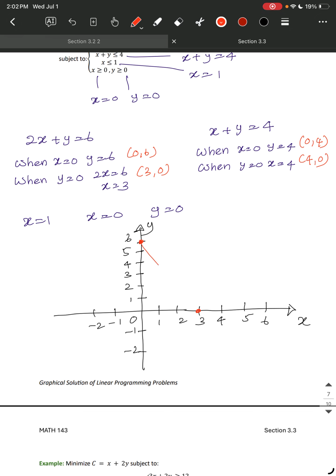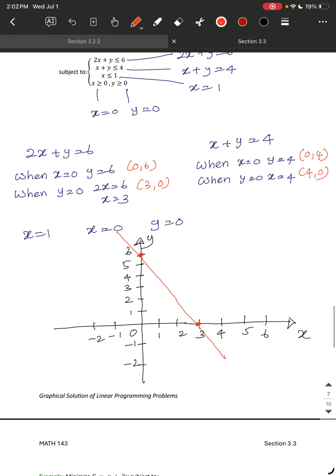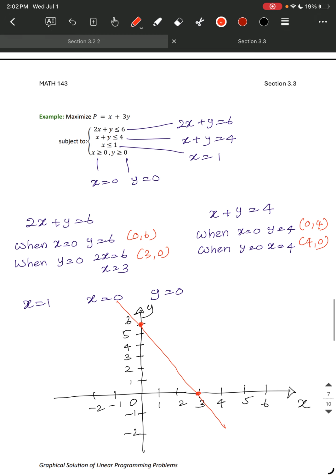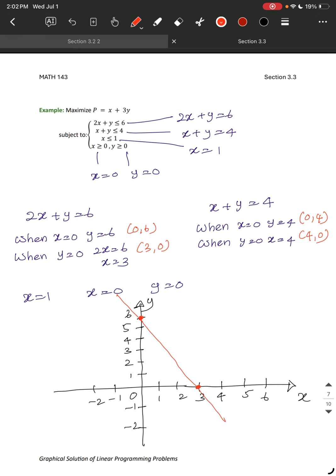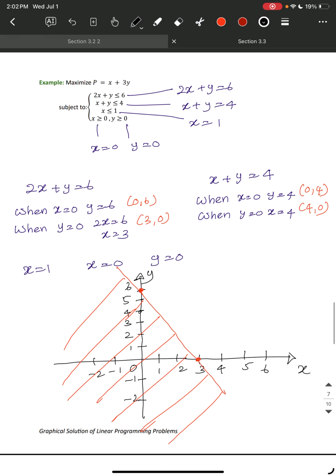Solid line here, right? The solution region is below the line. Okay, next one, (0, 4) and (4, 0). Again below the line.